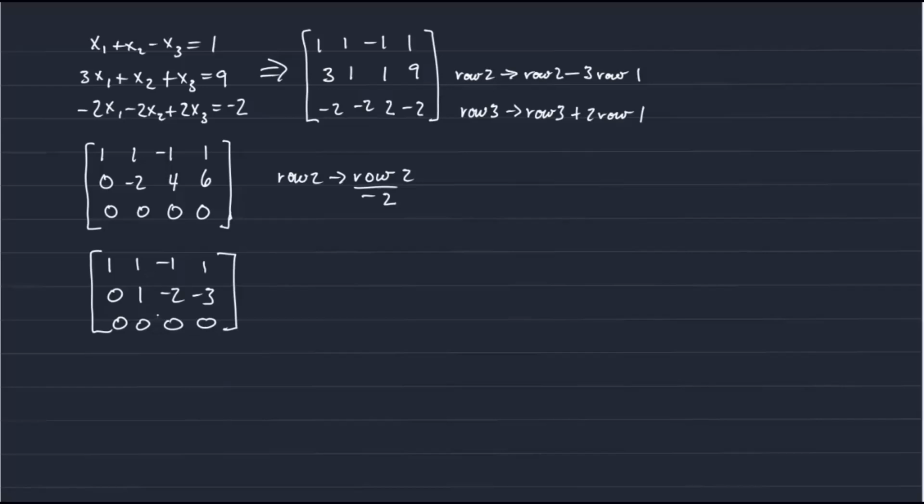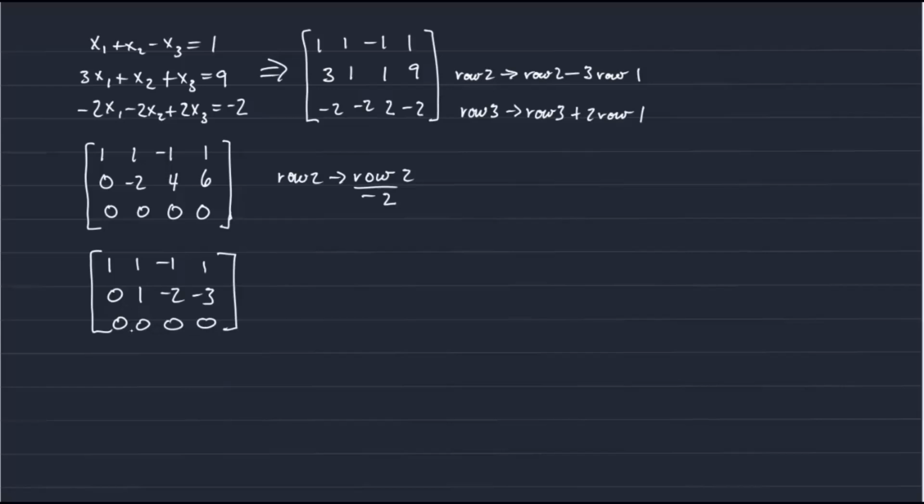To complete our reduction to row echelon form, if we look at our second lead 1, we just have to make all the other elements in that column equal to 0. And so that means making this top element 0. And this is where we start working from bottom up.